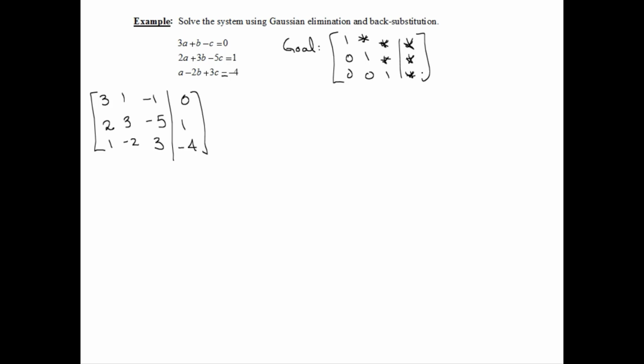So our first goal is to put a 1 in the upper left corner. And there are two ways to do this, at least. One is to just multiply that first row by the reciprocal of 3, which would be 1/3. And that'll introduce fractions, which is usually inevitable.